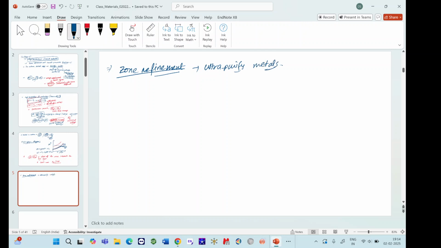What is that? Suppose you have a metallic section, this is a metal rod, this is the core of the metal, and then you have a heating element that is working along the cross section of your metal. This is the cross section, and it can move vertically.